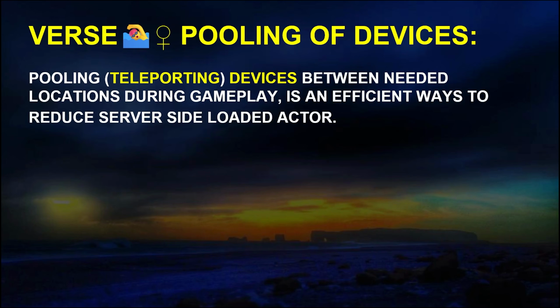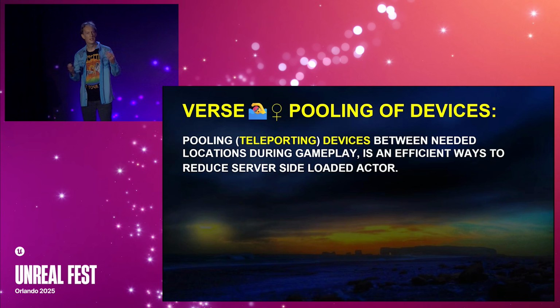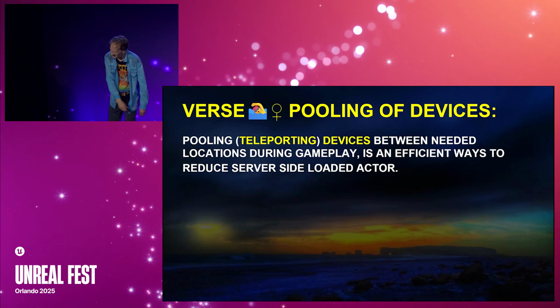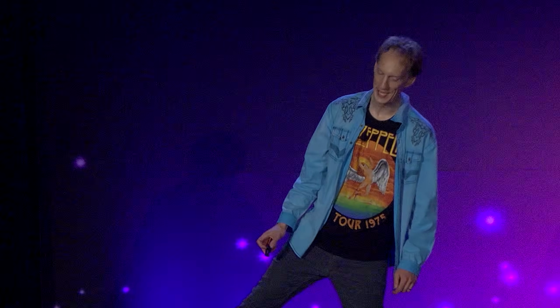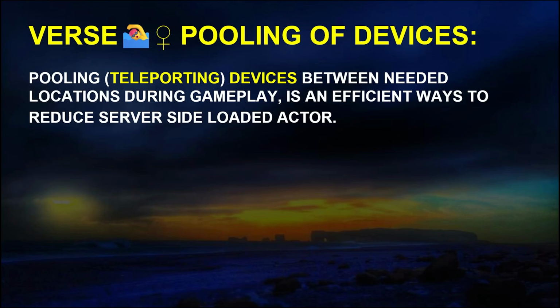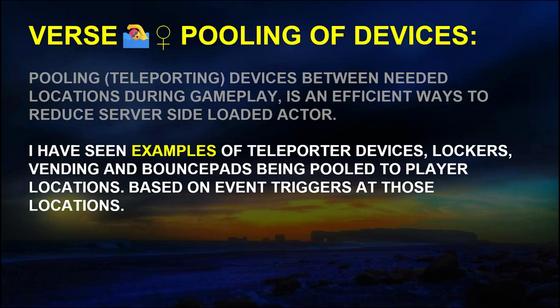Verse pooling is teleporting a smaller set of devices around between needed locations. I've seen examples from doing consulting with a few of you, so thank you very much, about using that to teleport devices or lockers or vending machines.